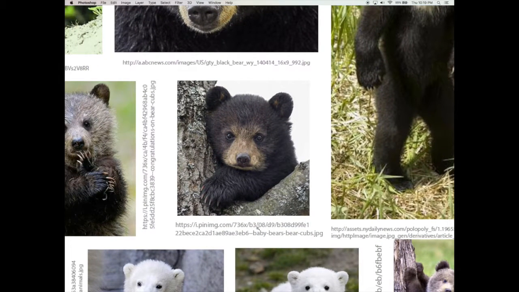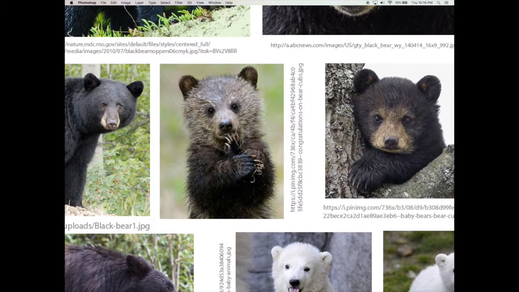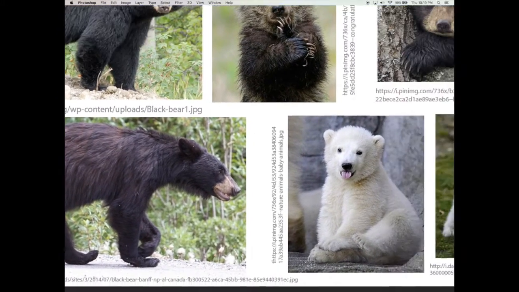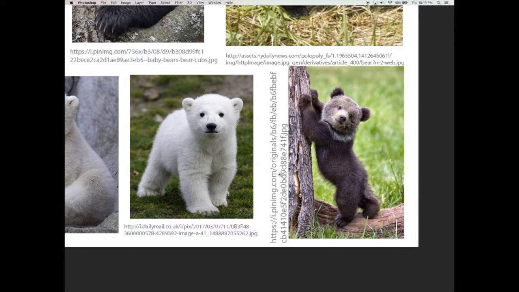So have fun with looking up these photo references. I definitely kept my baby bear's character in mind. He's going to be a little mischievous, very naughty, and very innocent. So when I was looking up the photo references for him, I was really trying to think about who he is.